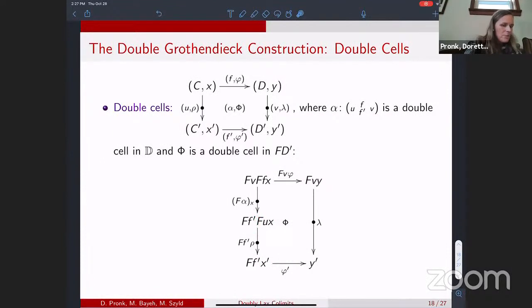And on the top, the FV phi is constructed the same way. And then finally, we recognize that F alpha X, F alpha is a vertical transformation. Remember, here's where it actually shows up that we chose the vertical direction to start out. And so F alpha X fits there. And then our second coordinate needs to be a double cell that fills this up.